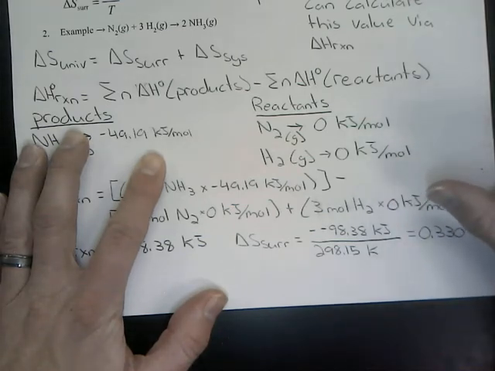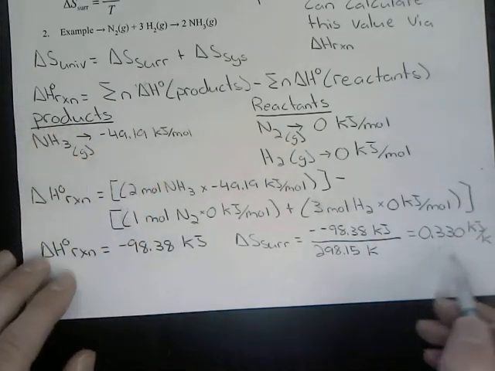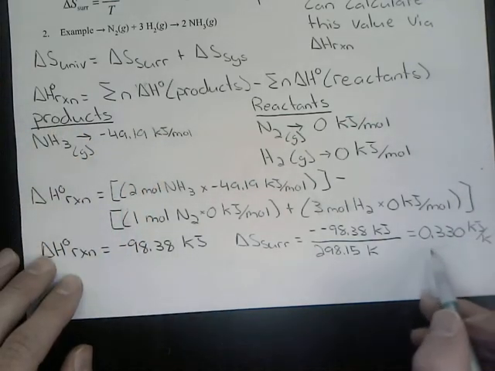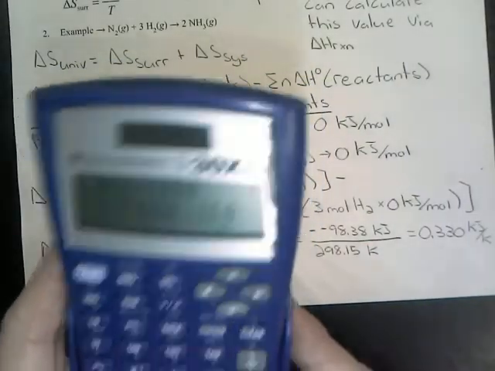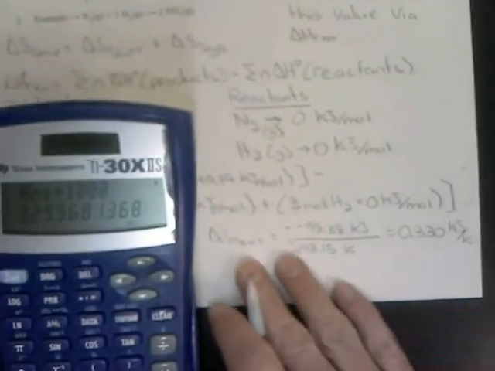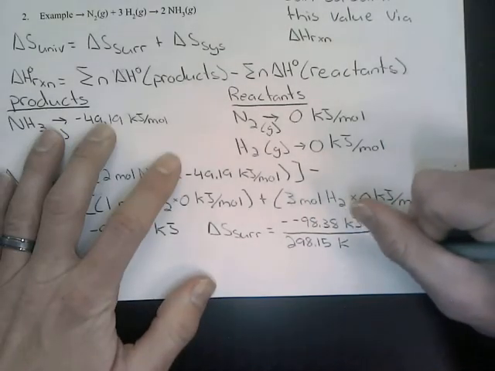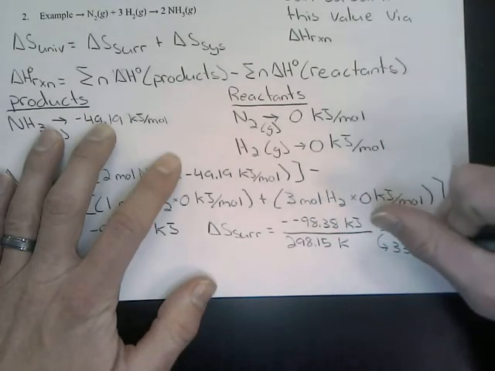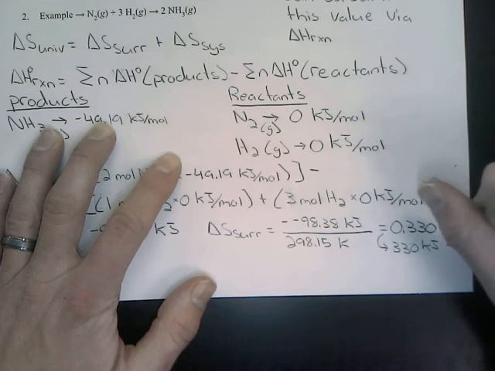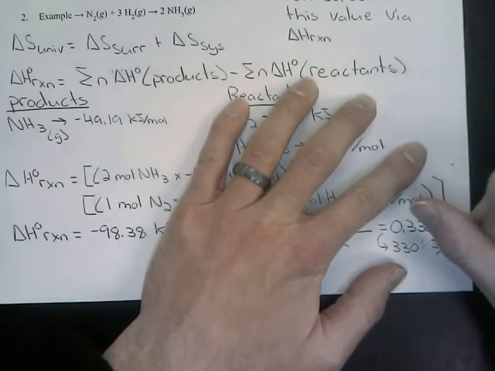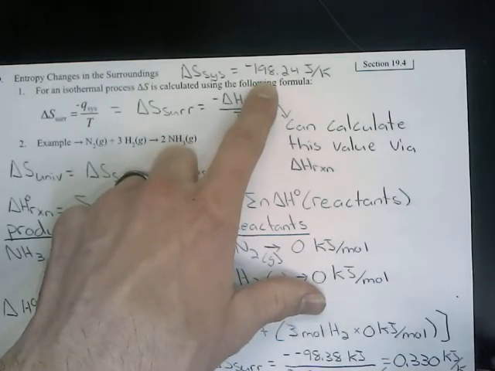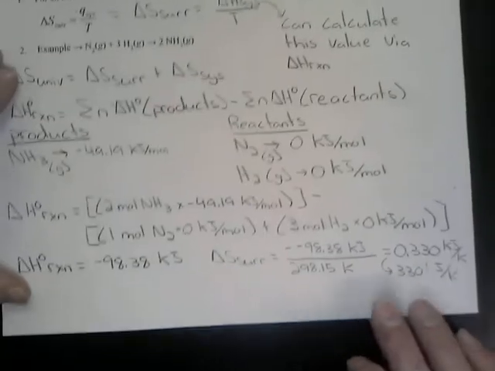0.330 kilojoules per Kelvin. If we multiply it by 1,000, that is equivalent to 330 joules per Kelvin. So I'm going to write that down: 330 joules per Kelvin. The reason I did that is because we calculated the delta S of the system in joules per Kelvin.